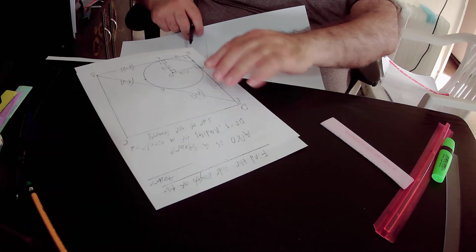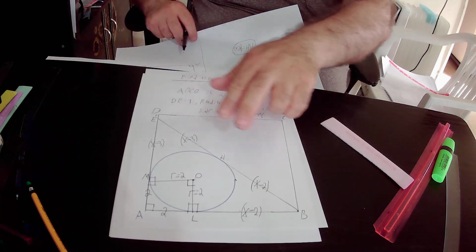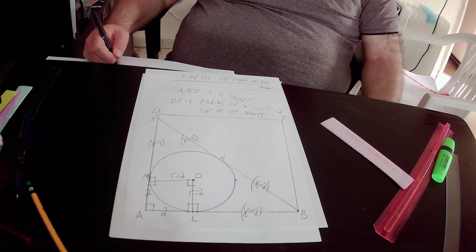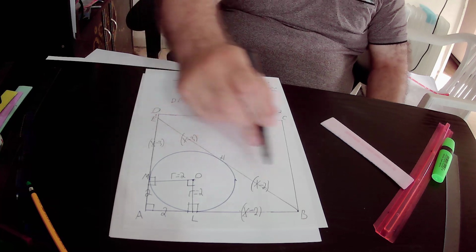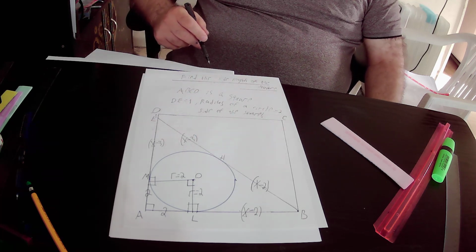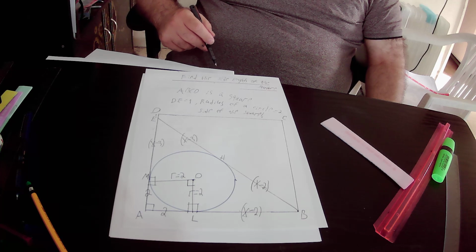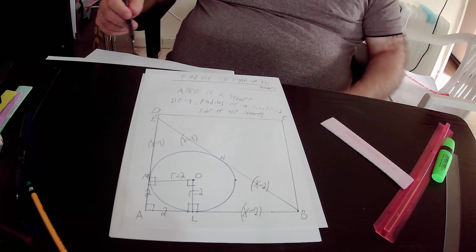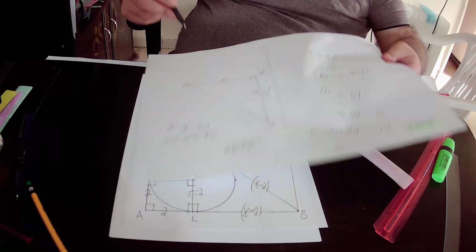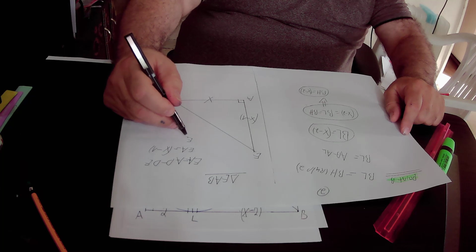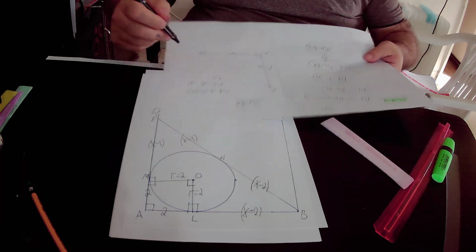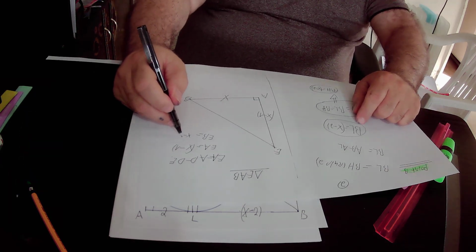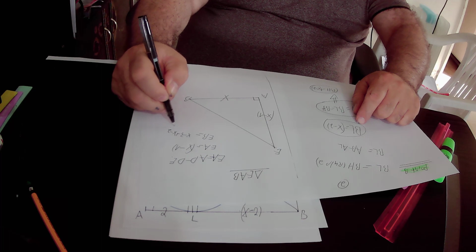Here, what is the length of side AB? Side AB equals x according to our definition. And what is the length of the hypotenuse EB? The hypotenuse EB equals x minus 3 plus x minus 2.